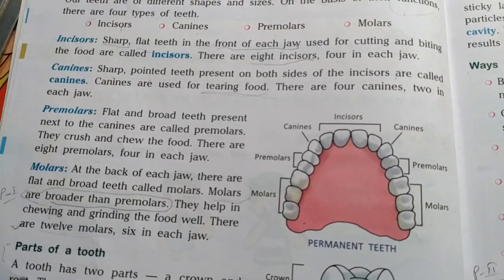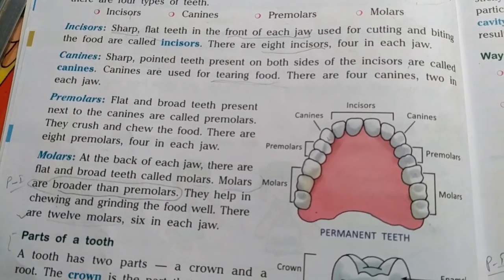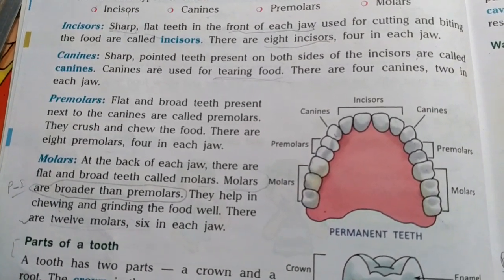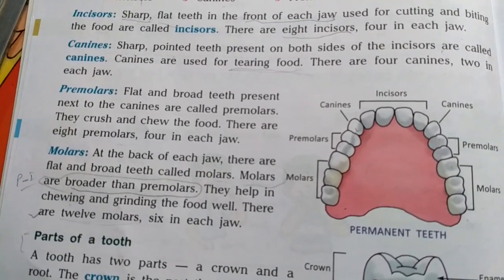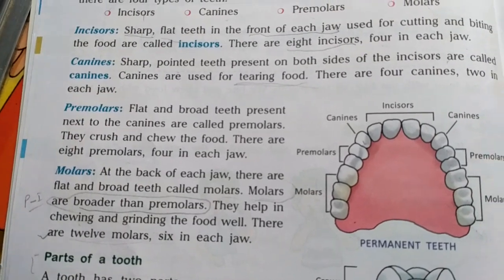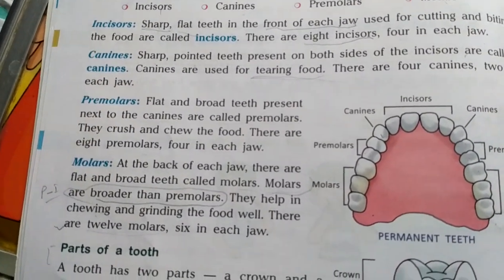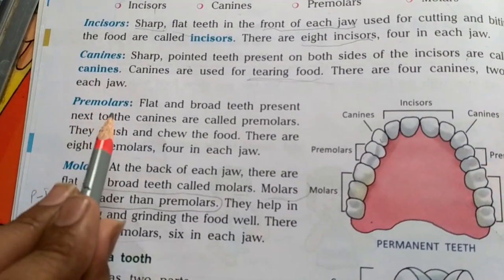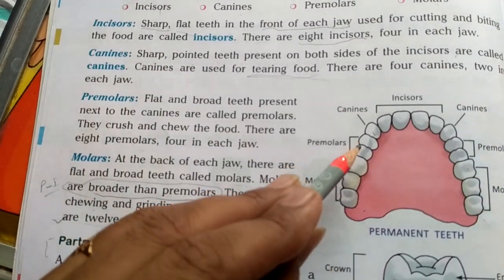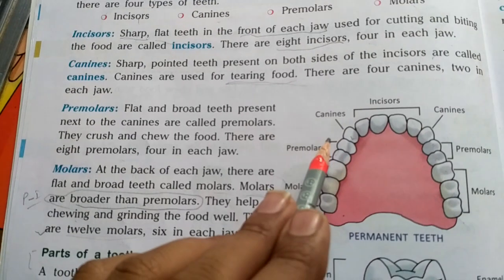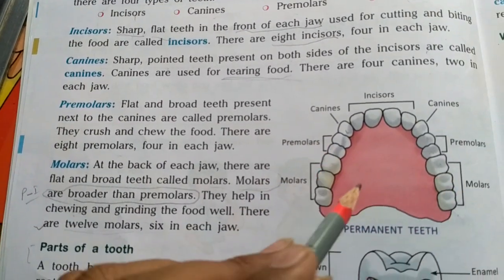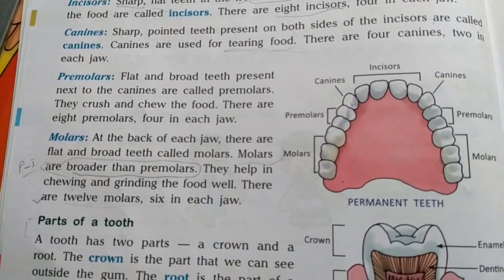After biting and tearing the food, we crush and chew it for proper digestion and swallowing. This function is done by the premolars, situated next to the canines.